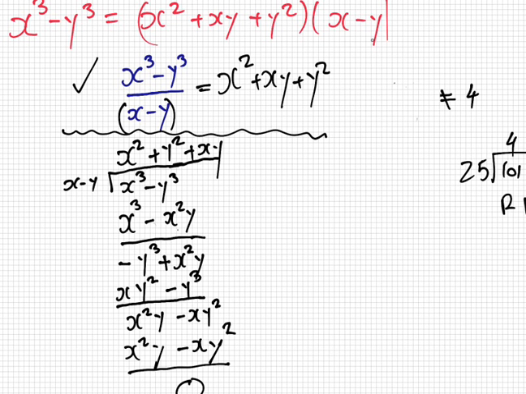Now that's actually a formula you do in some high schools. It's called the difference of two cubes. I'm showing you how you could have gotten that formula by using this long division on the original x cubed minus y cubed over x minus y.